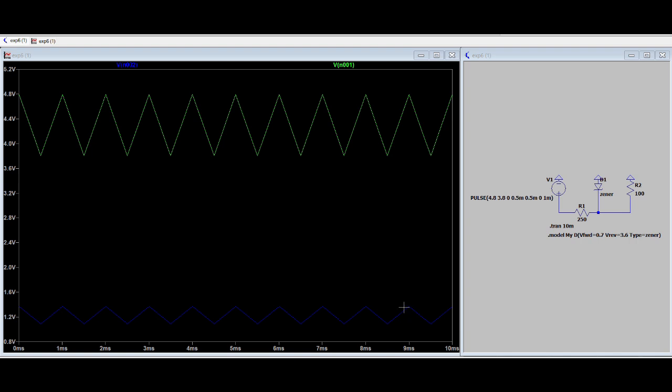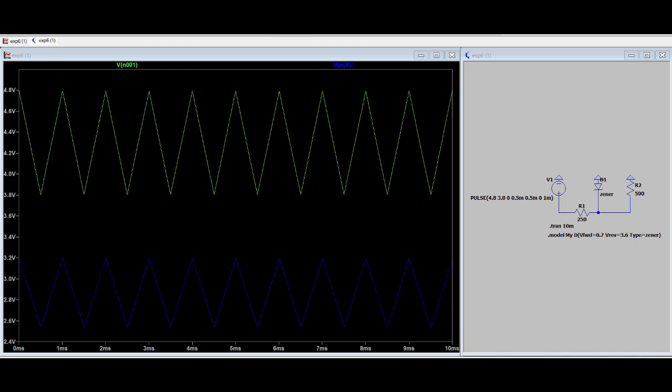To simulate the voltage regulation, the load resistance is varied from 100 ohms to 10 kilo ohms. For each load resistance, the output voltage is calculated to check if it falls within the regulated voltage range of 3.6 volts plus or minus 0.2 volts.